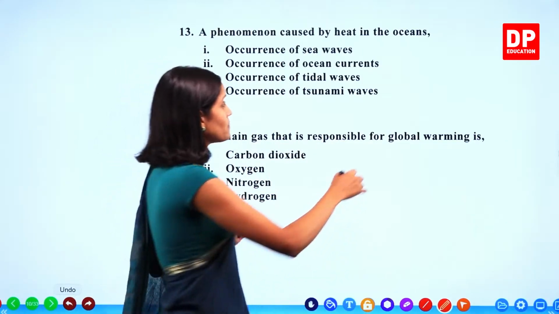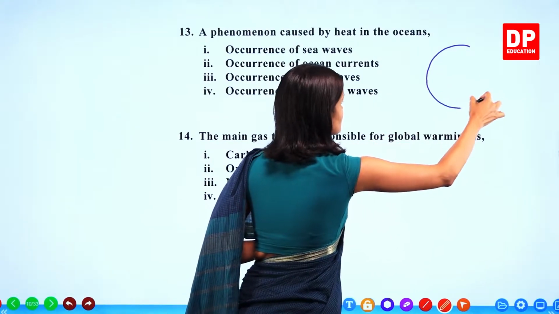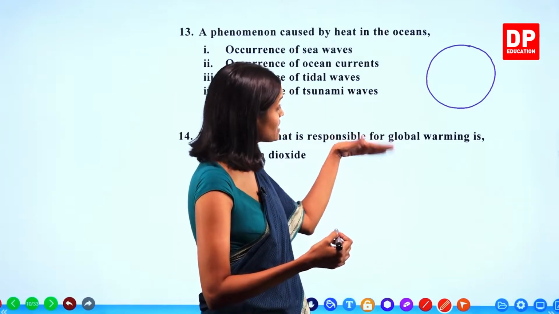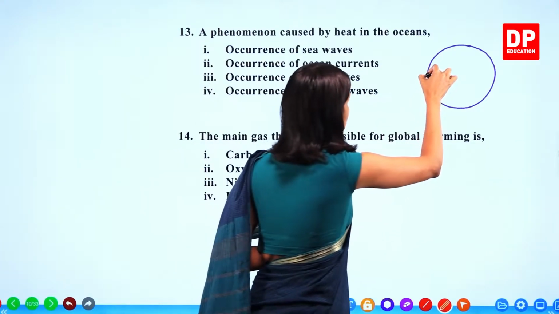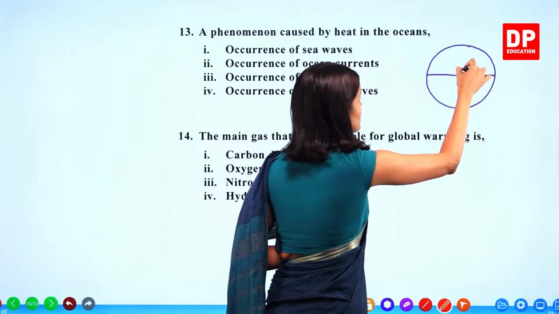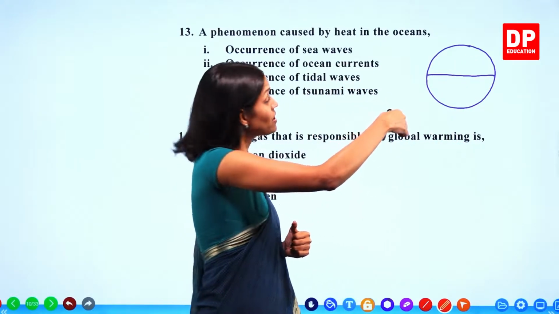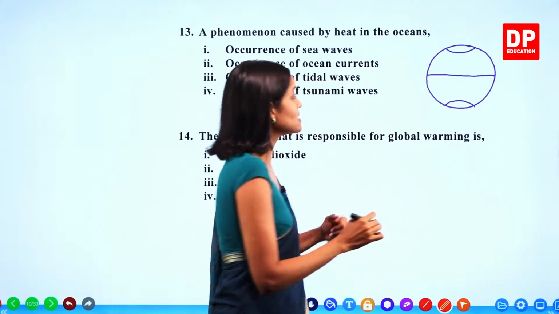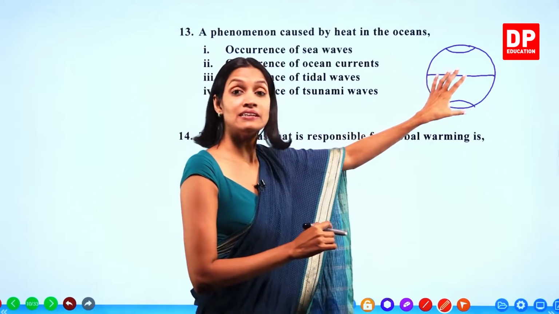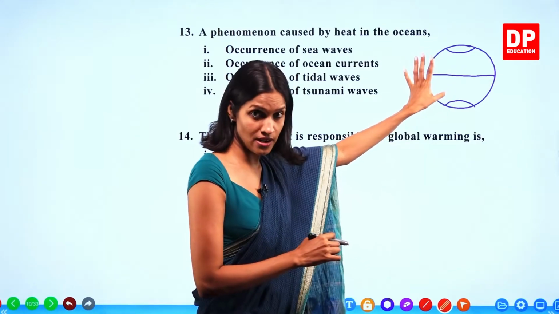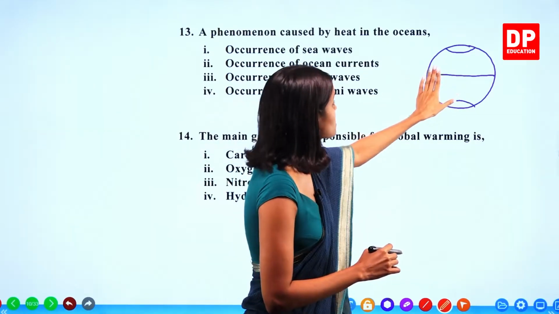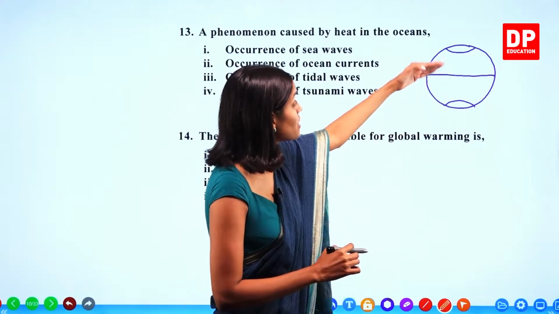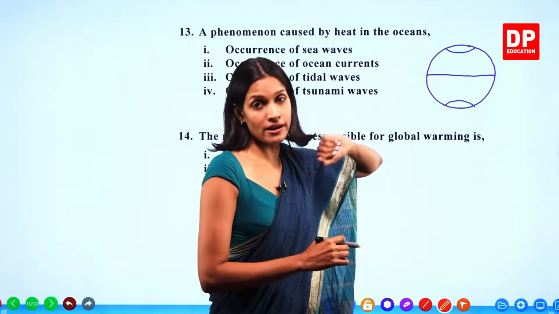Do you all remember? When we consider the earth, different parts of the earth get heated up in different ways because of the sun. The equator area gets heated up faster than the polar regions, because the equator gets a lot of direct sunlight. Therefore, the oceans and seawater in the equator area get heated up faster than the polar regions.